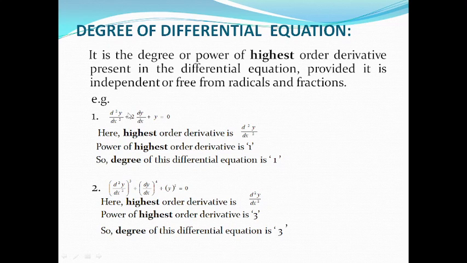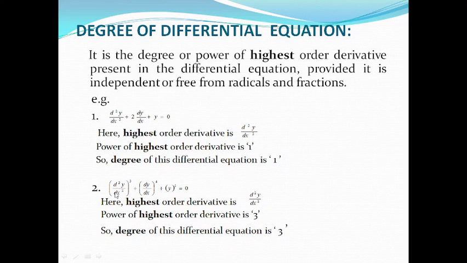Here, first of all, we check the order and then find the power of that maximum order. In this equation, y is differentiated twice, which is the maximum differentiation. So the order is 2 and the power or degree of this derivative is 1. Therefore, the degree of this differential equation is also 1.